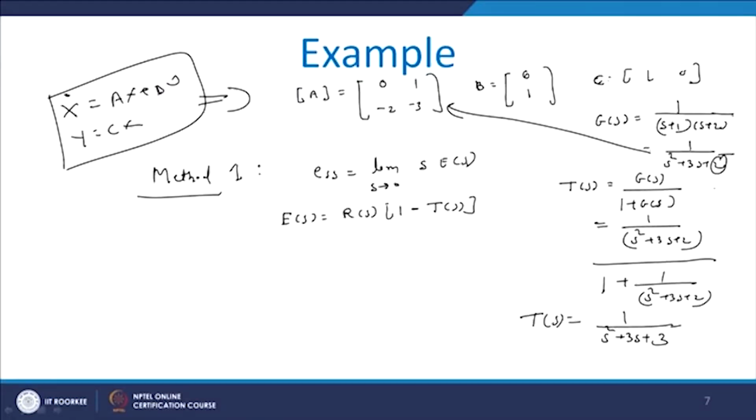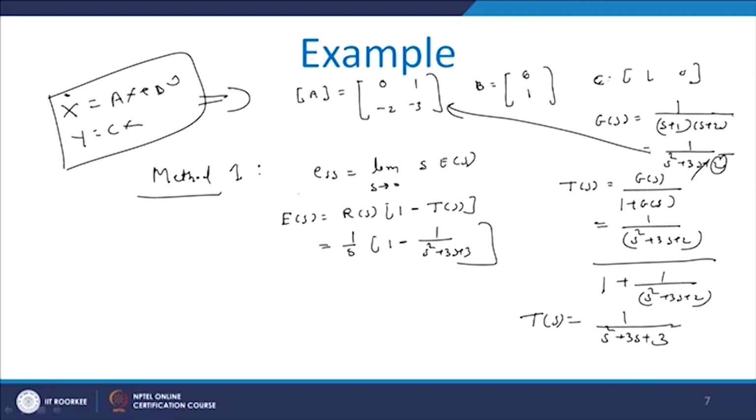We have to consider this T(s) because our error depends upon T(s). And what is R(s)? R(s) is the step input, 1 by s, times 1 minus, what is T(s)? 1 by s^2 + 3s + 3.